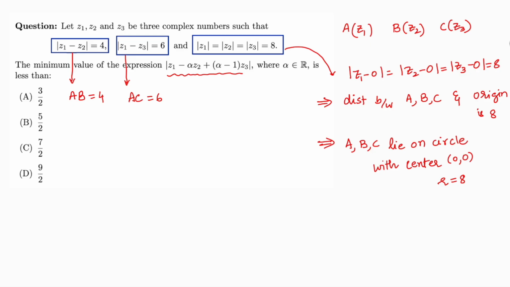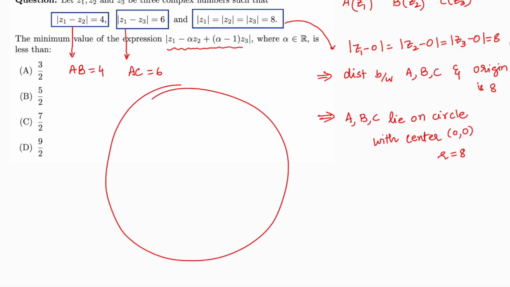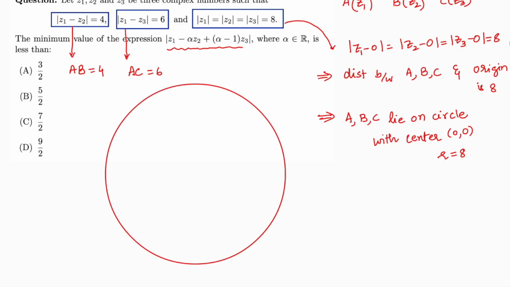So let's plot this particular data. Let me draw a circle. I have to take 3 points A, B, C such that they lie on this circle. Let me take point A here. Point A is represented by complex number z1. Point B is represented by complex number z2.